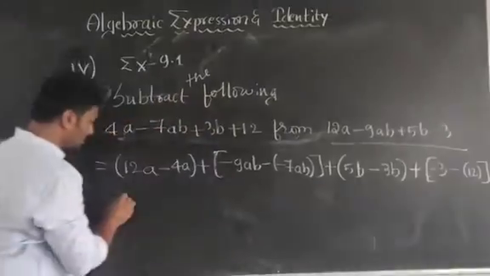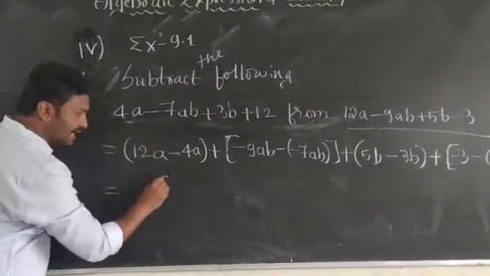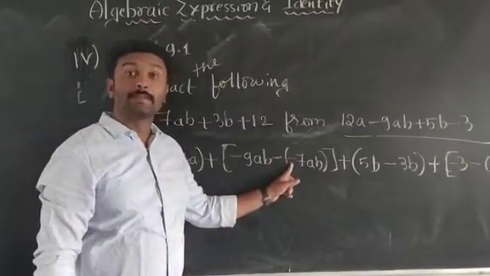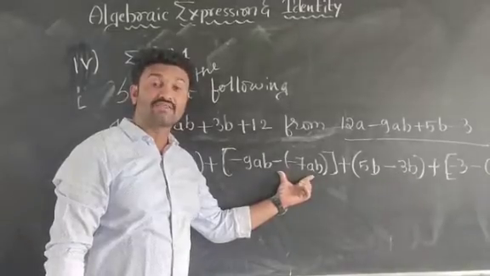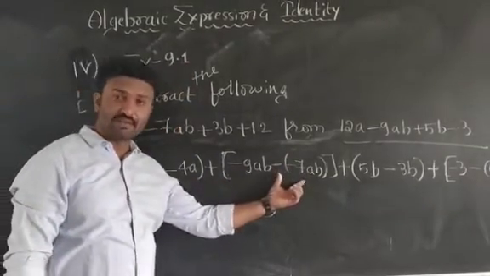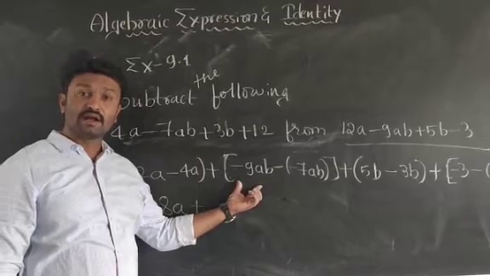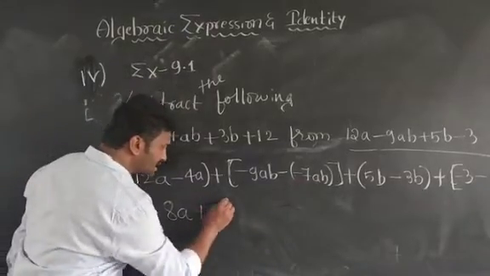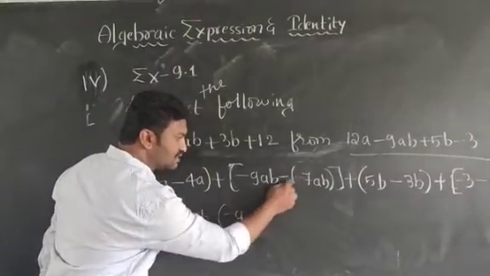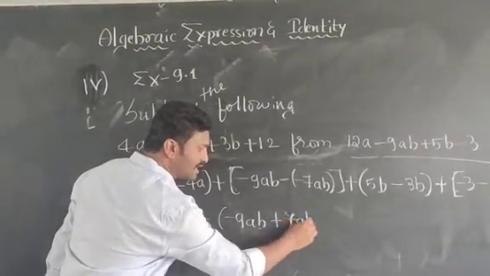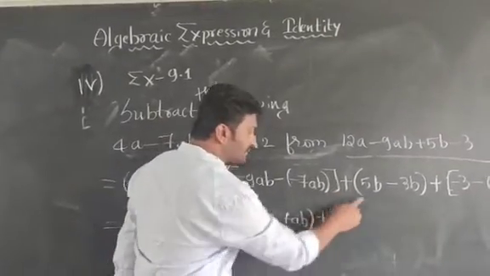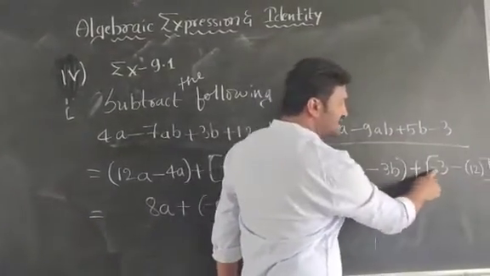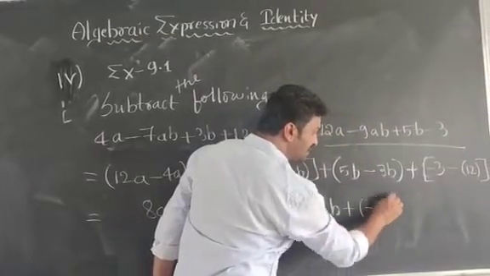12a minus 4a is 8a. Then minus 9ab, minus into minus becomes plus 7ab, so minus 9ab plus 7ab is minus 2ab. And this one 5b minus 3b is 2b, and here minus 3 minus 12 is minus 15.